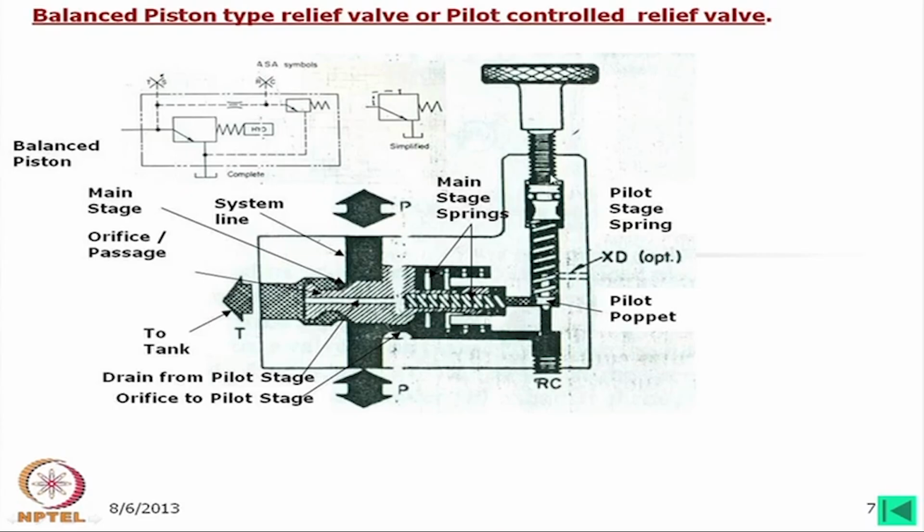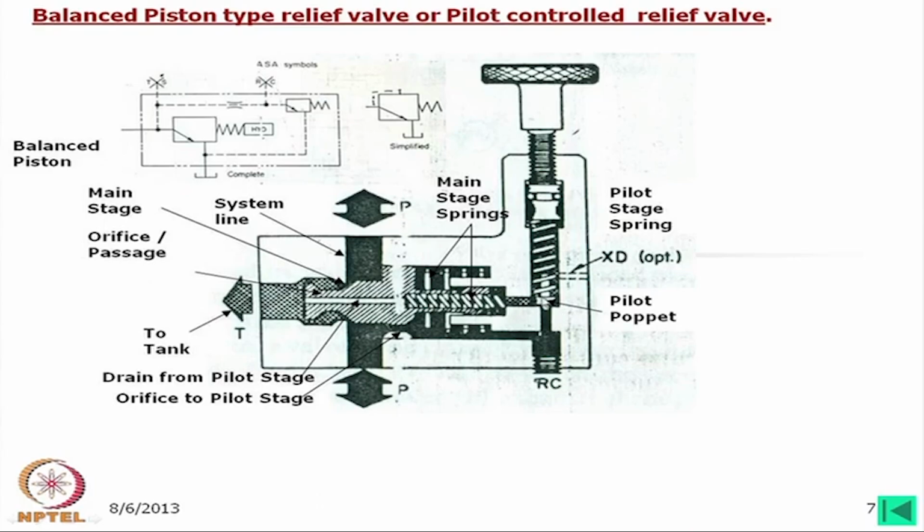Now, suppose I tighten this, then what will happen? This set pressure will change. This means that it will be able to work at a much higher pressure than this, because we have tightened this one, we have changed the set pressure.